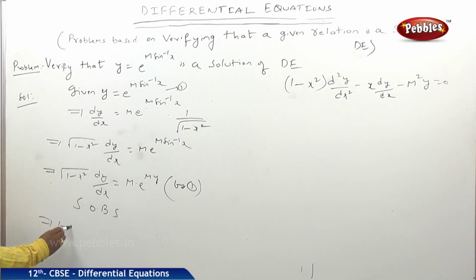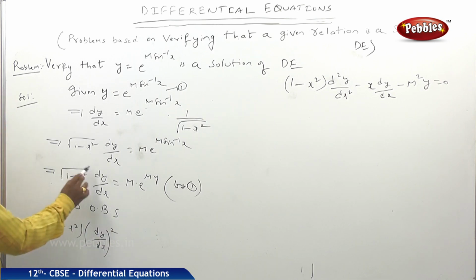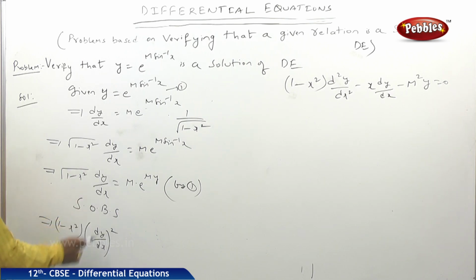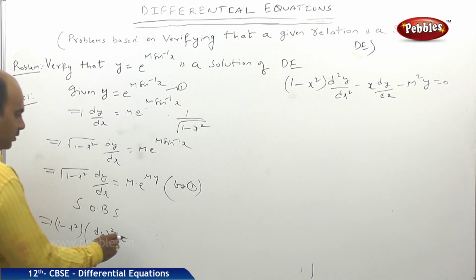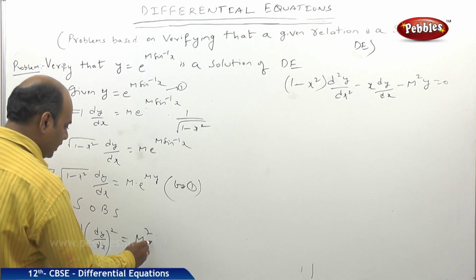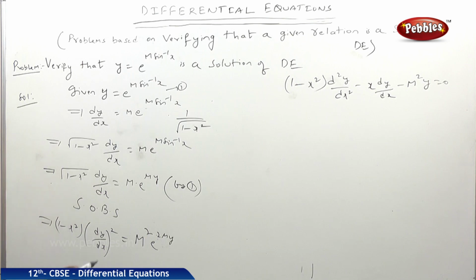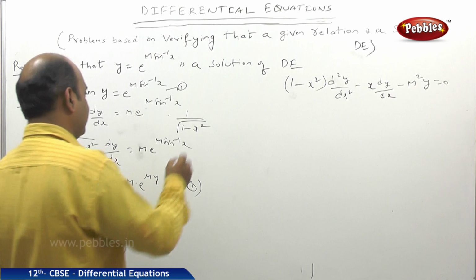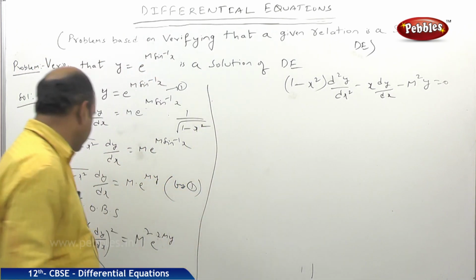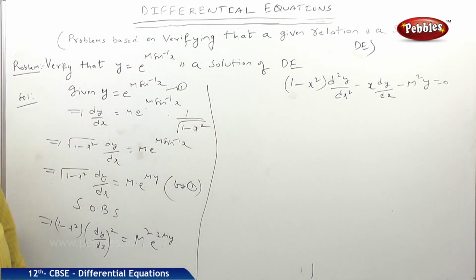So 1 minus x square into dy by dx whole square, because when I square the root of 1 minus x square, it will get cancelled, and dy by dx whole square is equal to m square into e power 2my, because e power my whole square I can write as e power 2my.